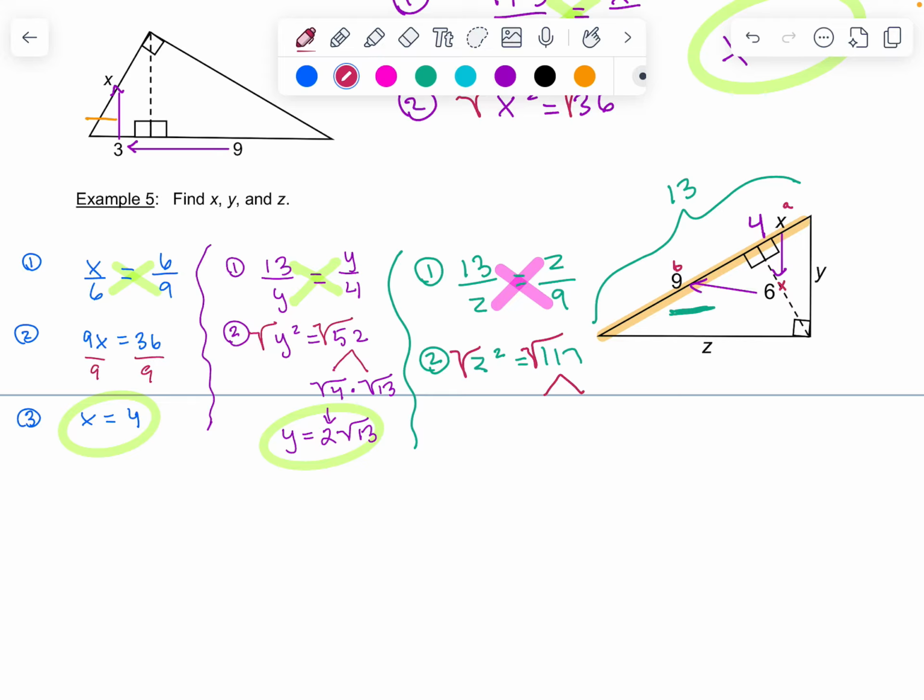So I know if I'm going to split the 117, I can split that into the square root of 9 times the square root of 13. Square root of 9 is 3, and we can just bring down the root 13. So z would equal 3 root 13. And now we have all of our variables here.